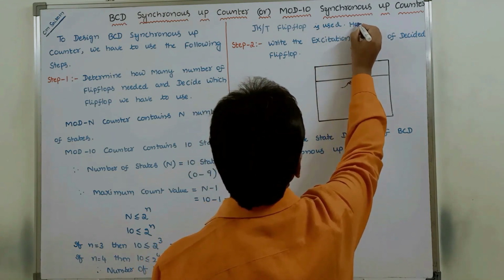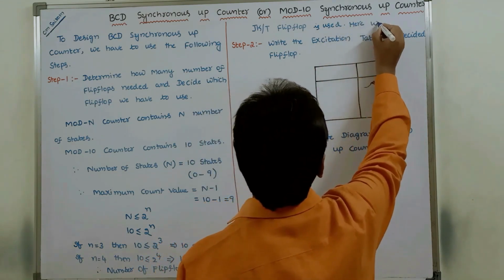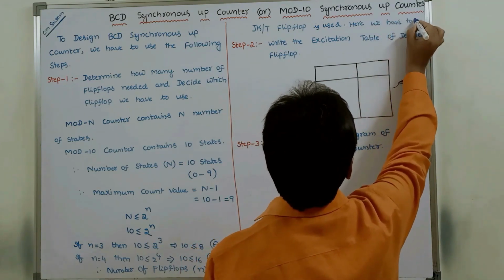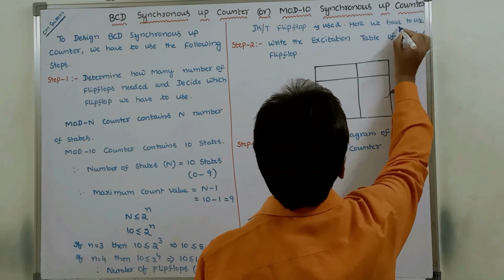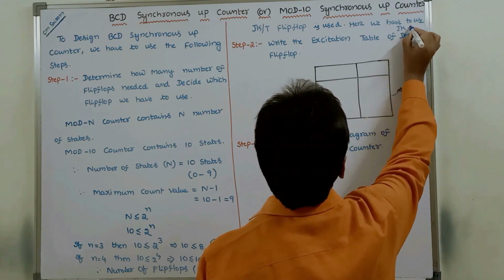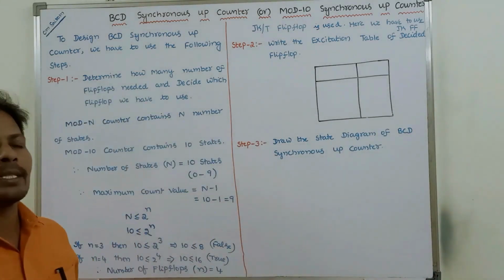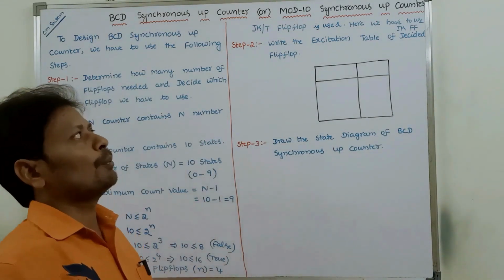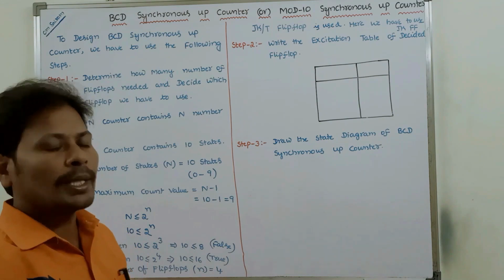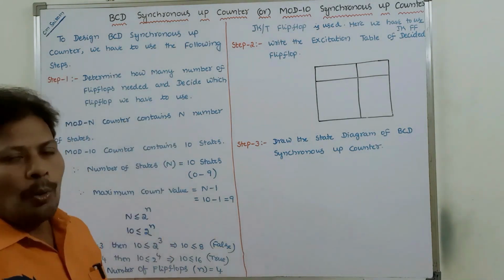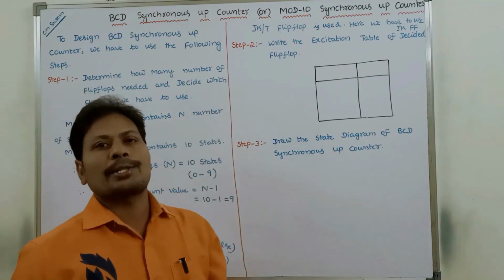Here we have to use JK flip-flop to design BCD Synchronous Up Counter or Mod 10 Synchronous Up Counter. This is the first step. Now we can go for the second step.